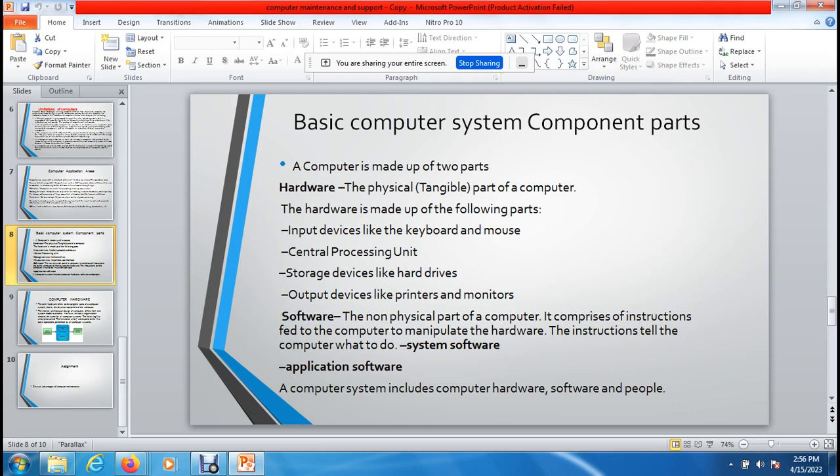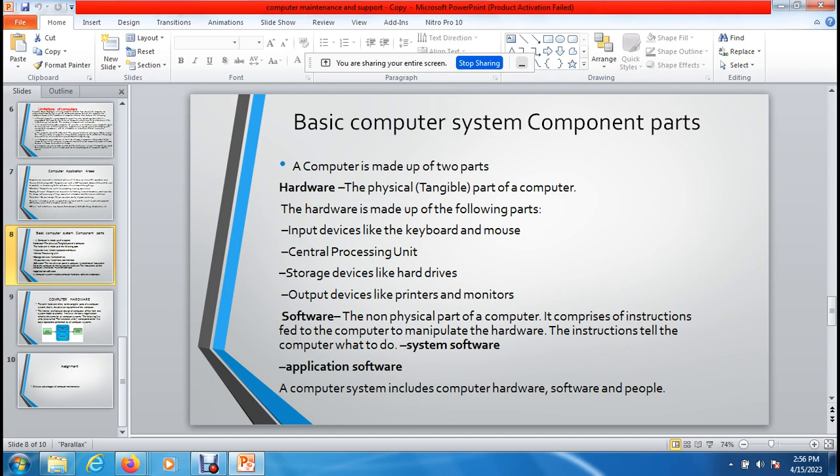Computer system component number 2 is software, and these are the non-physical parts of a computer. These are the instructions fed to a computer, and they tell a computer what to do.